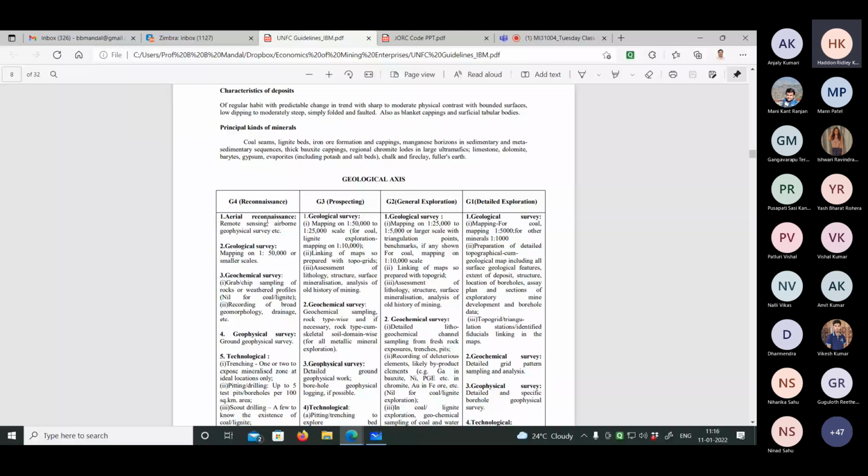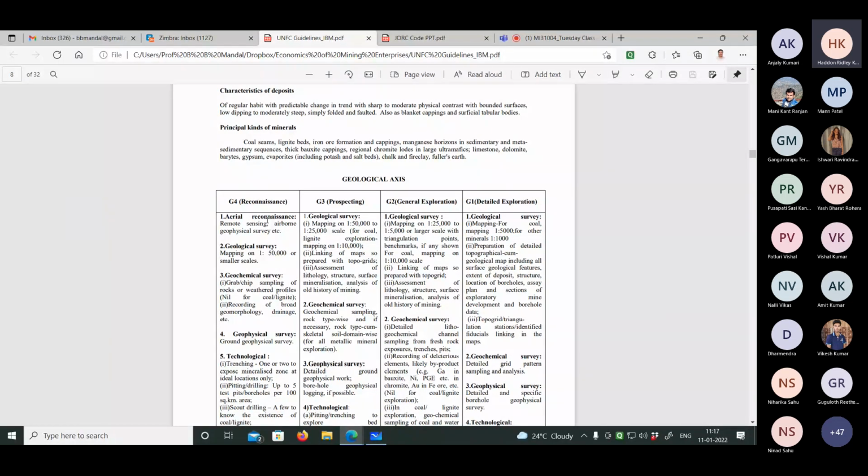That shows you how broad it is. 1:50,000 means 50,000 meters will be represented in 1 meter, or 1 centimeter is 50,000. So it's a very large scale.